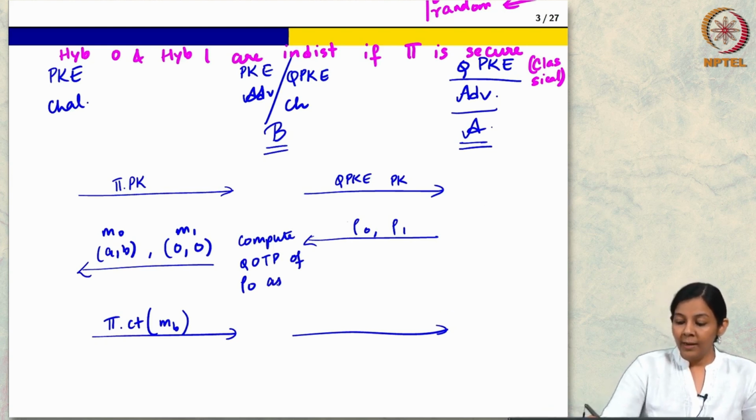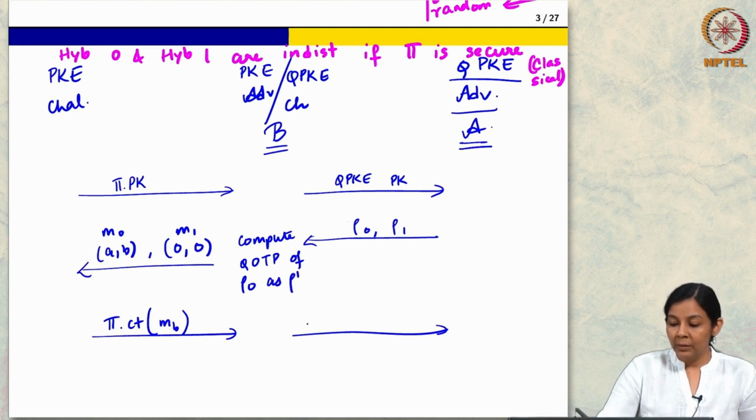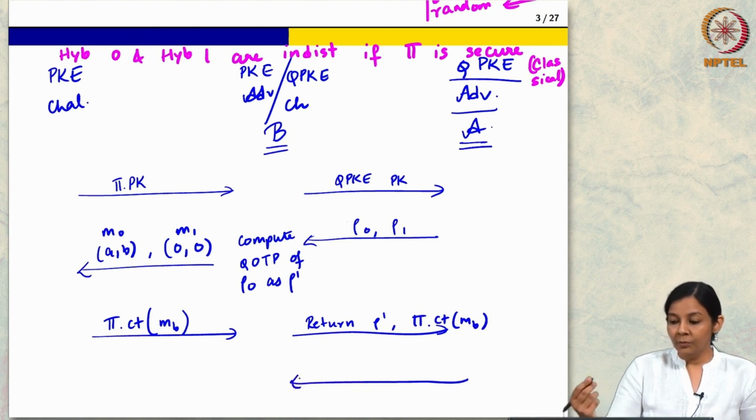So, what should I give A now? Rho prime and pi dot CT MB, isn't it? And now my A is supposed to break security. So, it will guess B, I will call that guess B prime.